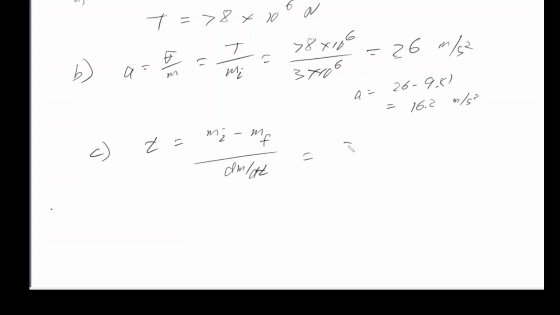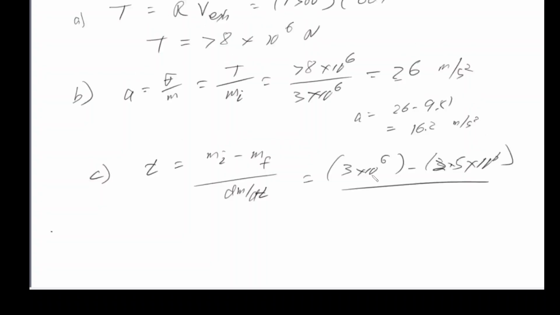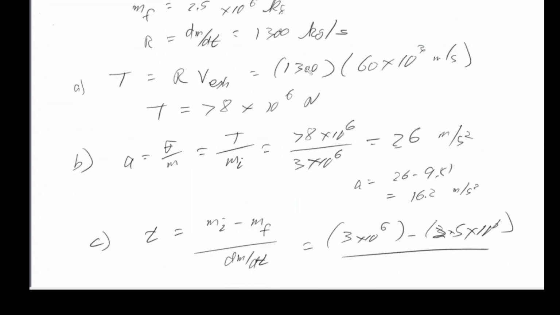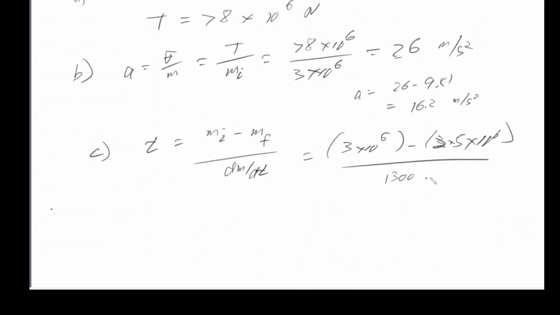So this becomes 3 times 10 to the 6 minus 2.5 times 10 to the 6 over dm dt, which we were given as 1300 kilograms per second. So if you go through the calculations, this becomes 385 seconds for the fuel to totally burn out.